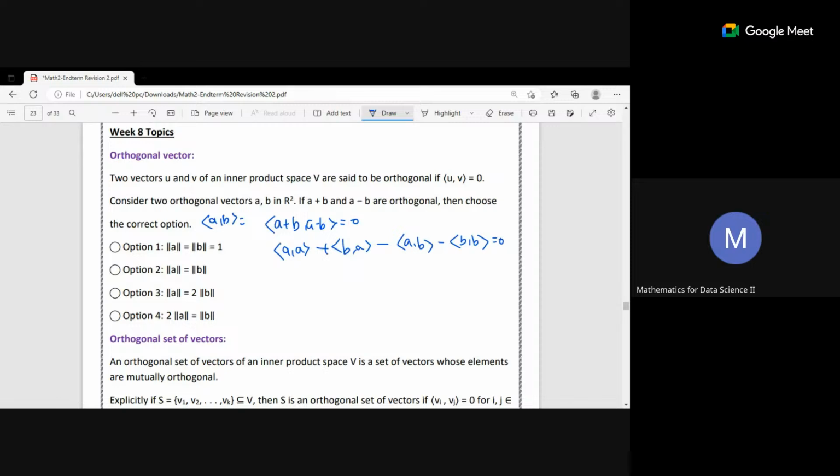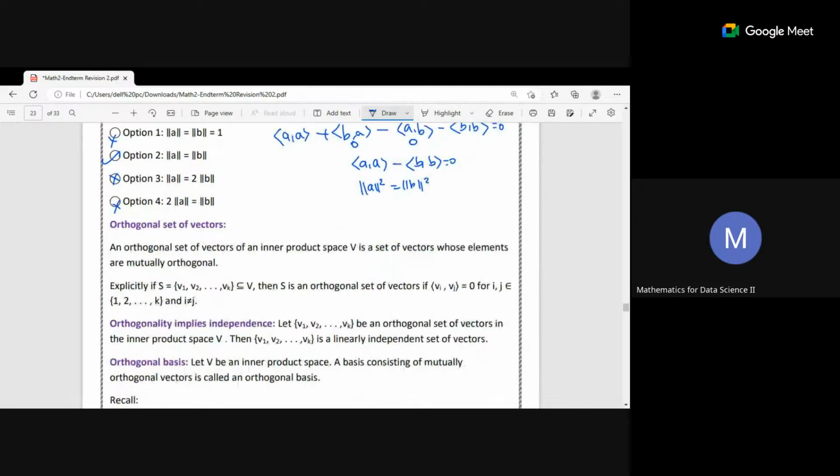It is 0. So now substituting this, you get inner product a comma a minus inner product b comma b is 0. So it means they are equal. So if they are equal, what is this equal to? This is nothing but norm a square, norm b square. So which option is correct from here? Second option. Okay, these two are incorrect.